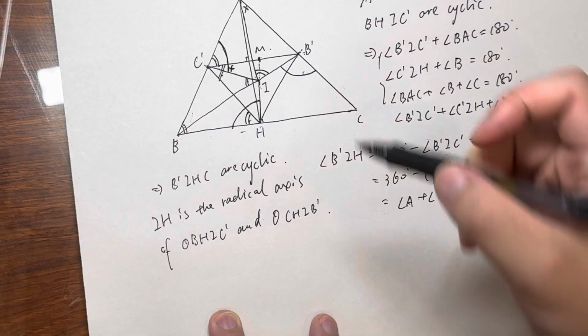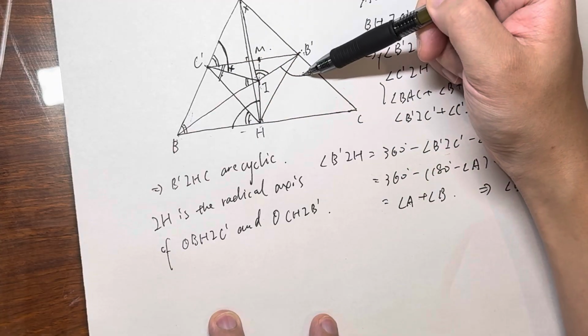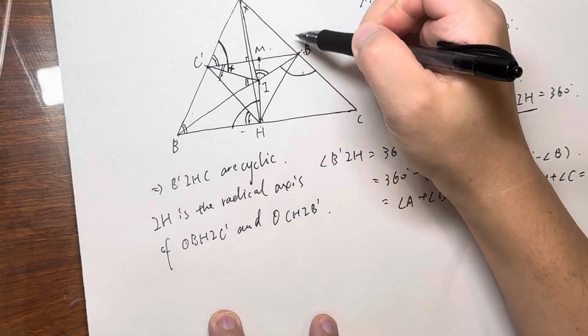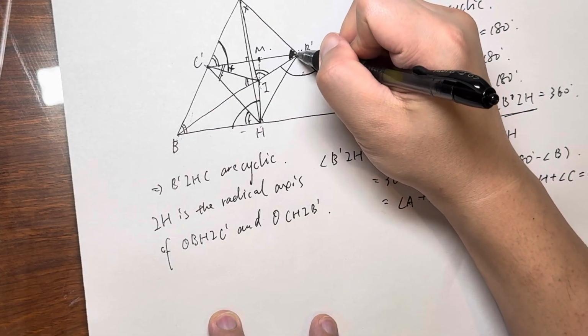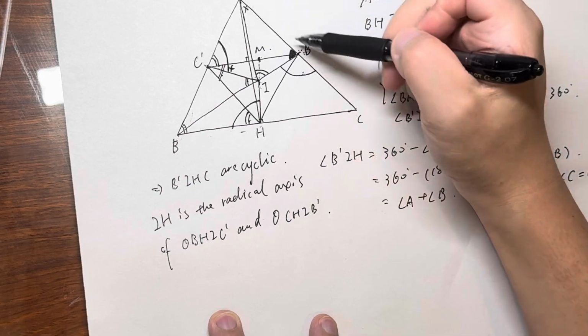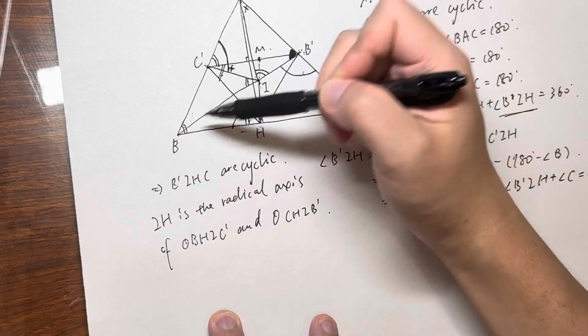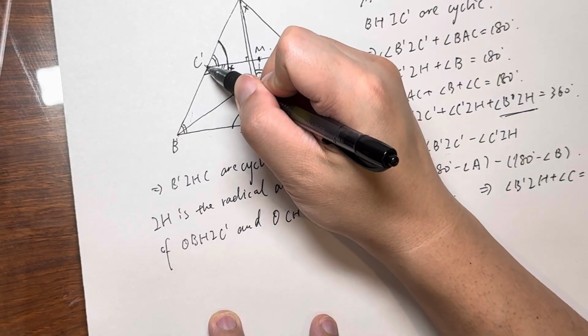right? So based on this angle equals to this angle, we know that the angle AB'I equals to angle BC'I, right, equals to this one.